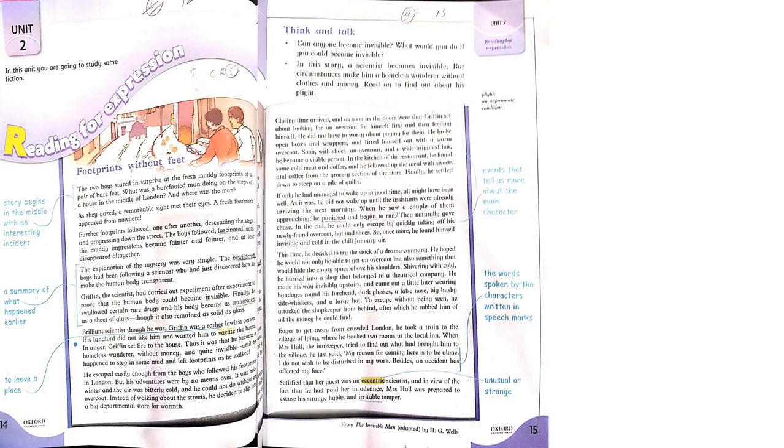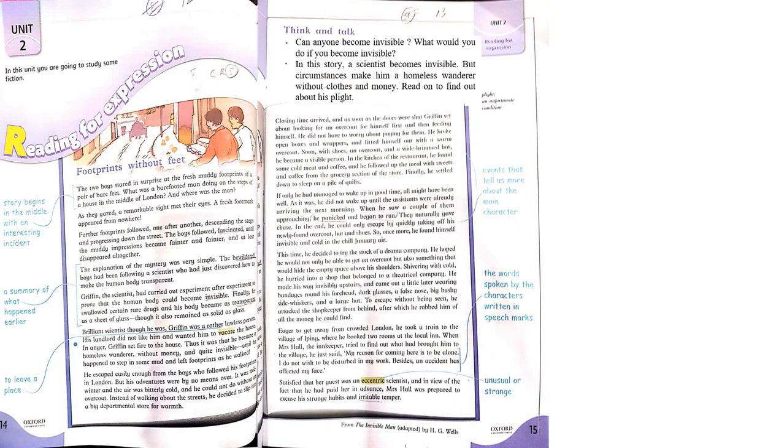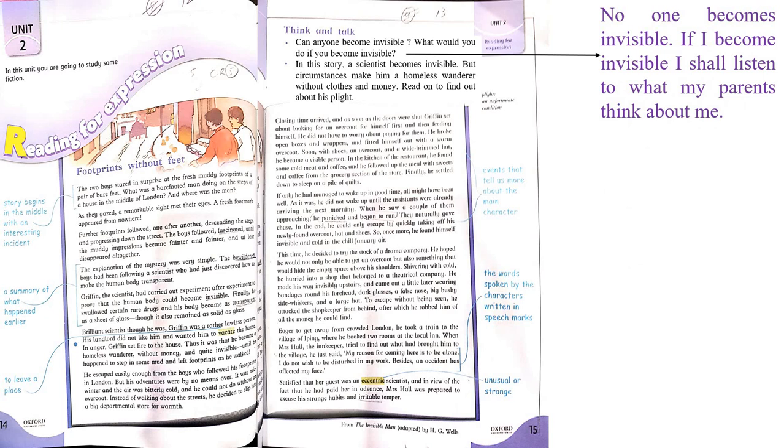Students are supposed to read the story and then think and talk about whether anyone can become invisible, and what they would do if they became invisible. After reading the story, I found out that no one can become invisible. If I became invisible, I would listen to what my parents think about me.